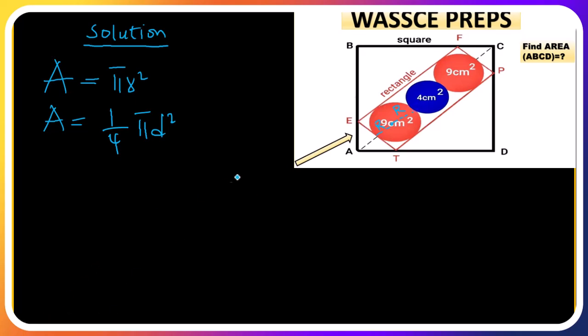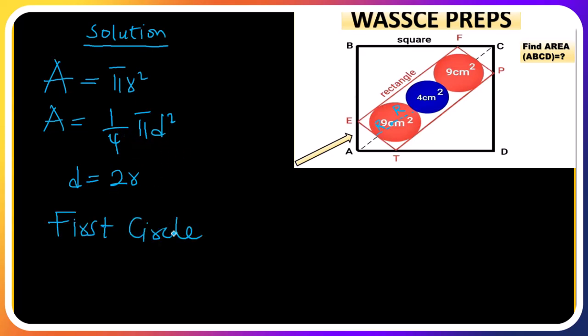So for our first circle, twice the radius is equal to the diameter. So meaning we could use the second formula for area in terms of diameter to find the diameter.